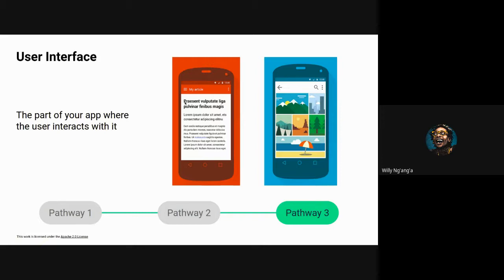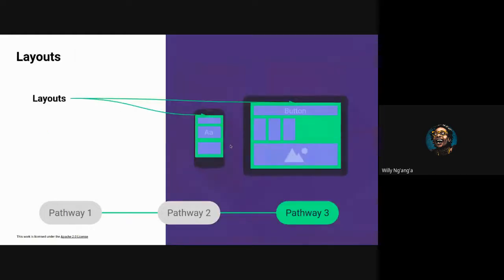So basically, you interact with the user interface to do some action. So for example, you want to take a picture, you open your application, there's a button to take a picture, there's a button to delete a picture, for example, that you have taken, there's a functionality for cropping and stuff like that. So for pathway 3, you will learn so much more to do with user interfaces.